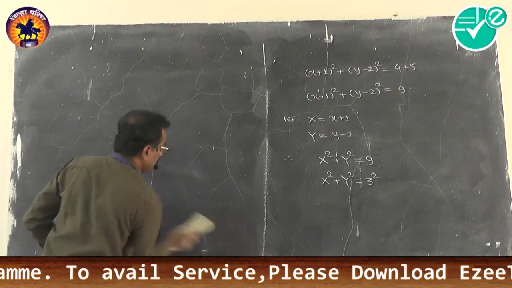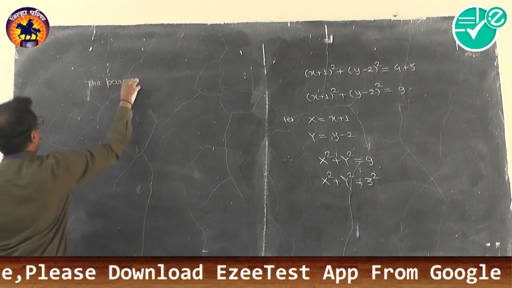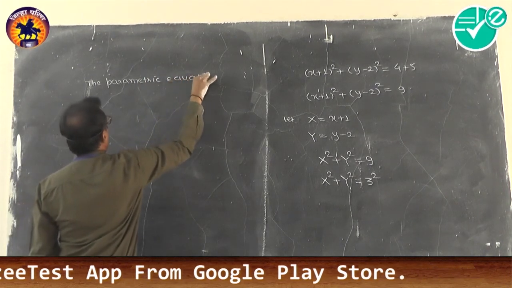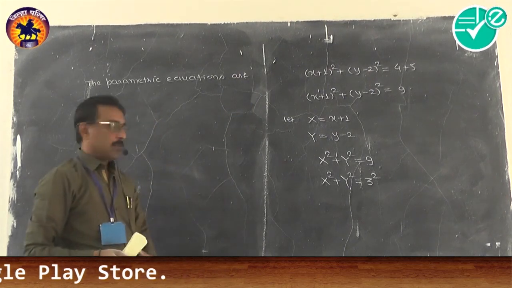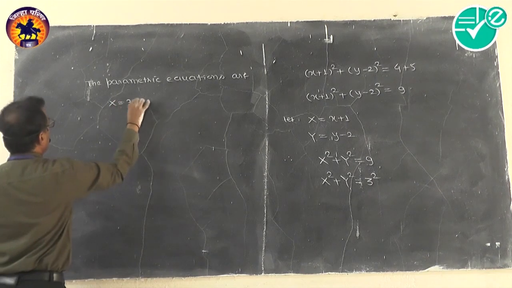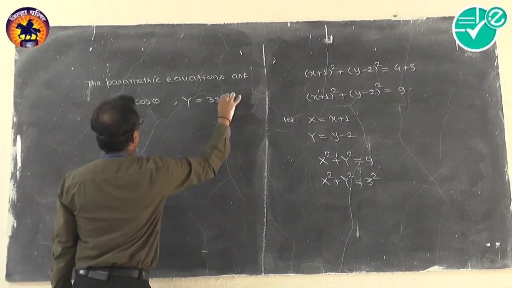The parametric equations of the circle we can write here. So what are the parametric equations of this circle? X, and it is 3 square written, so X equal to 3 cos theta, and next one is Y equal to 3 sin theta.